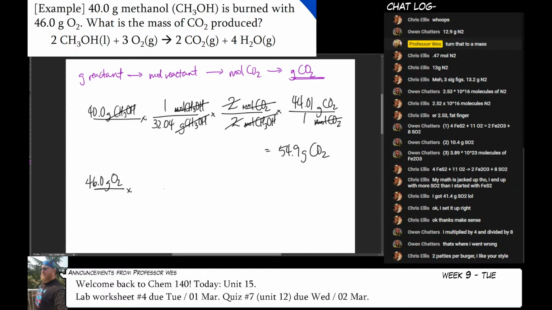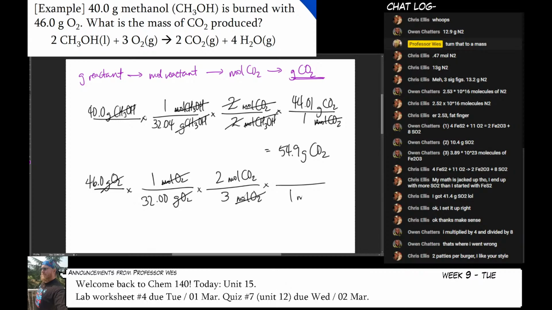Now let's do the same thing with oxygen. What's the maximum I could produce with this mass of oxygen? Well, 1 mole of oxygen is 32 grams. Now for this one, for every 3 moles of oxygen I put in there, I get 2 moles of CO2 out.